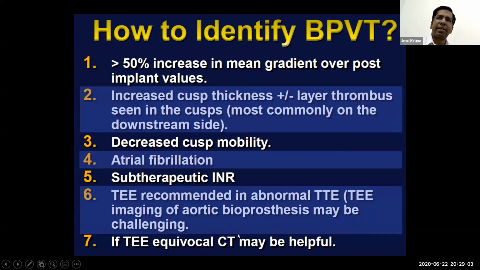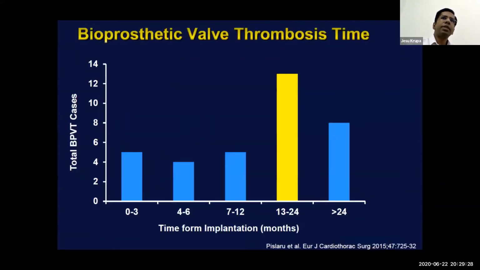Just a slight point to note: for bioprosthetic valve thrombosis in the aortic position, many times TEE may not be very useful. Hence, like we saw in our case, the patient directly went for a CT. Whereas in the mitral position, like we saw in the case that we just showed, transesophageal echo may be quite useful.